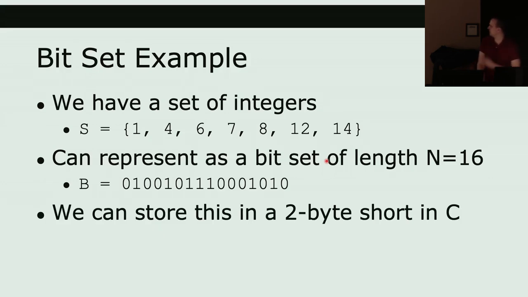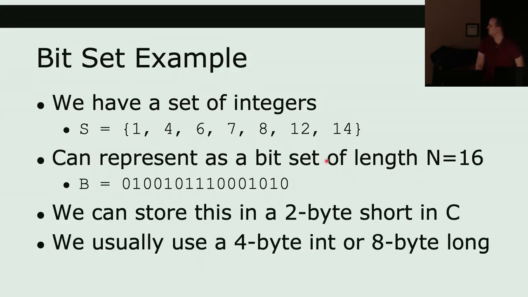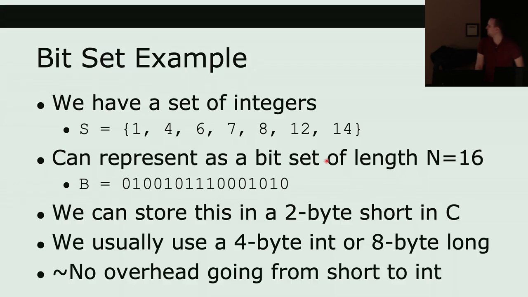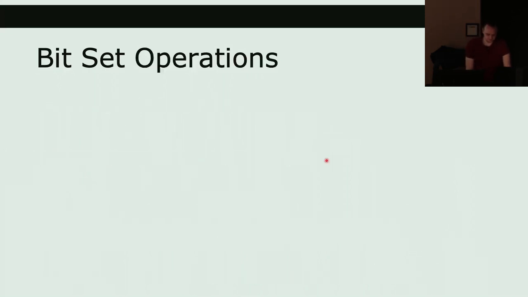That would be a 2-byte short in C, and usually we have a 4-byte integer or an 8-byte long, so there is no overhead in going from this short to an int. Typically, in a modern 64-bit programming language, using a short would be converted to a 4 or 8-byte integer anyway. So just use the 8-byte one if you can.